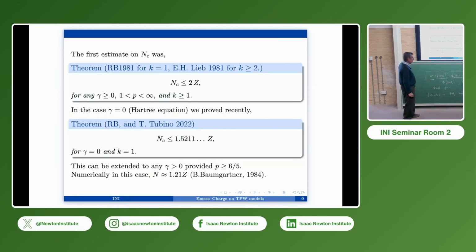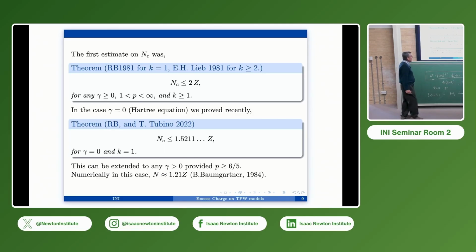When the number of nuclei is one, for the atomic case, it's extremely simple to prove that the critical is less than 2C. So I did that in 1981 for the atomic case, and then Elliott Lieb extended it to the molecular case, with the same result.